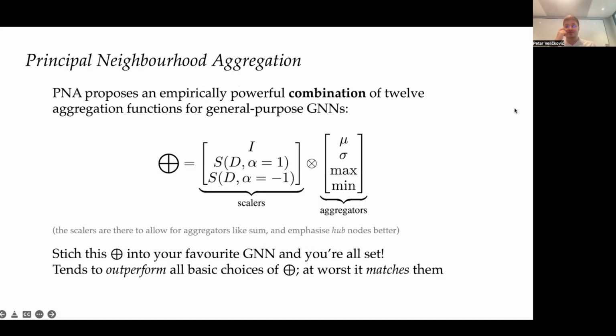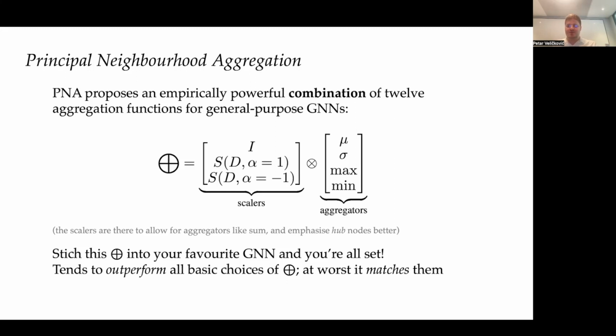So what did we do as a result? In our principal neighborhood aggregation paper, we propose a combination of these aggregators, which is shown to be empirically powerful. So we take the aggregators that we know are stable, like the mean, standard deviation, and then the max and min, which are stable at m infinity. And we combine those four aggregators with three different scaling functions, like identity, multiplying by the degree, which allows you to recover sum as degree times mean, and also logarithm of the degree.